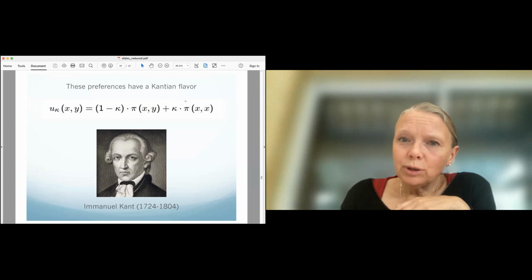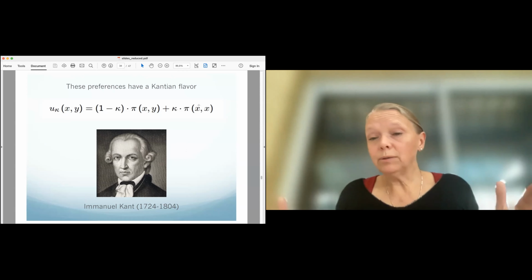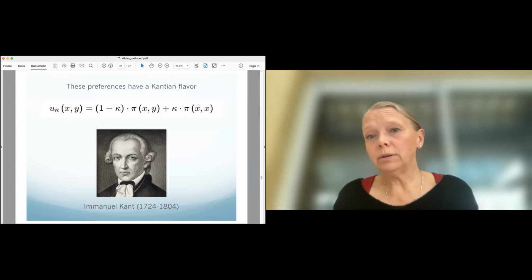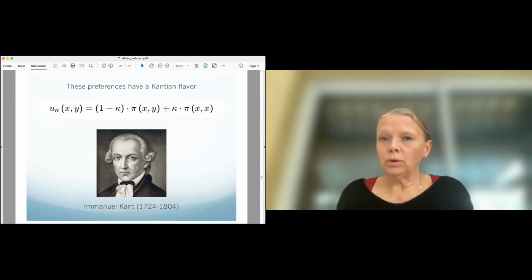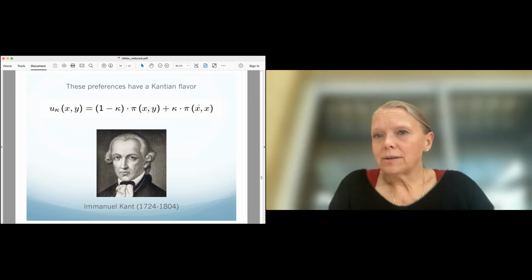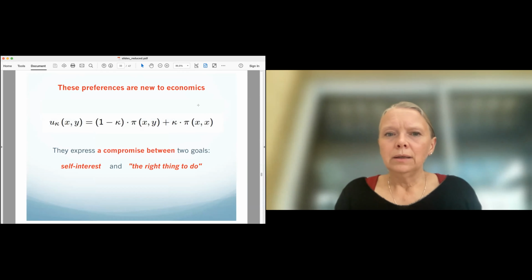And this second component is, in some sense, evaluating material payoff in the light of what this material payoff would be if all the individuals, here there are only two individuals, but nonetheless, all the individuals were to choose the same behavior, the same strategy. And that's why we call these homo moralis, because it made us think about this moral Kantian reasoning, right?